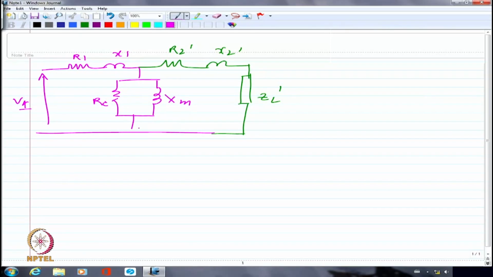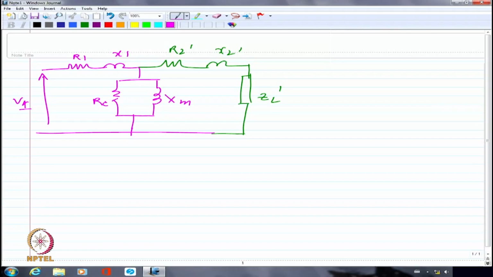two tests. We said that actually loading the transformer is going to be difficult because we would end up wasting a huge amount of power, and it will be very, very difficult for us to actually find the load which can withstand the rated current or rated power.